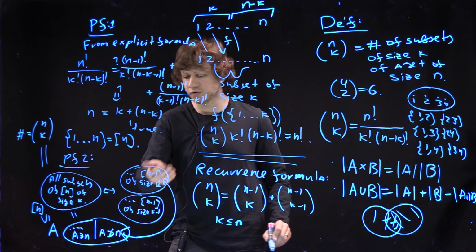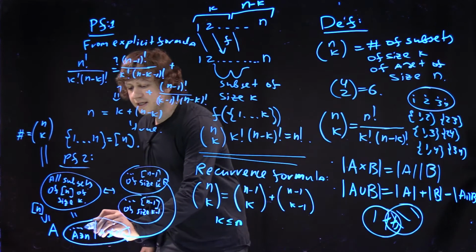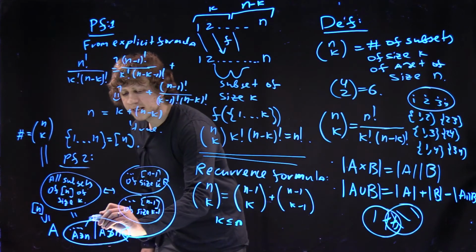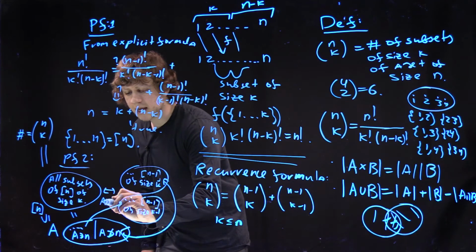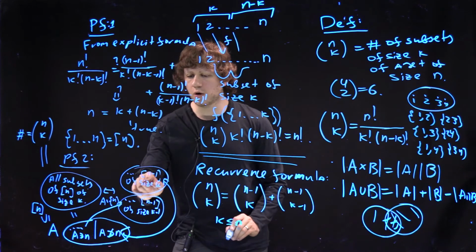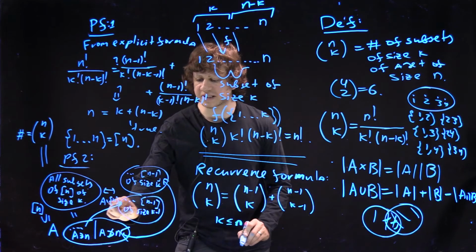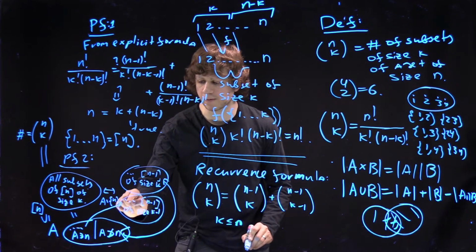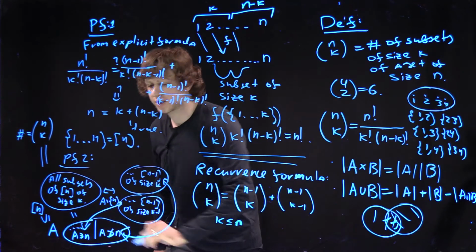So this is why there is a bijection. And if A contains n, then you can take this A and just look at A without n, and this gives you a subset of n minus 1 of size k minus 1, because we took away 1 element. And that's also a bijection.